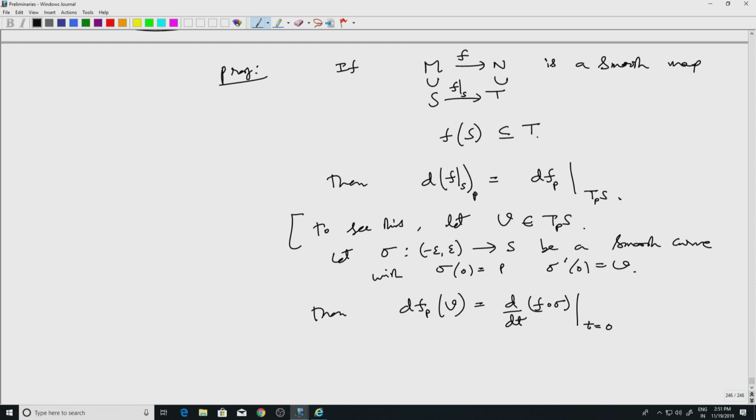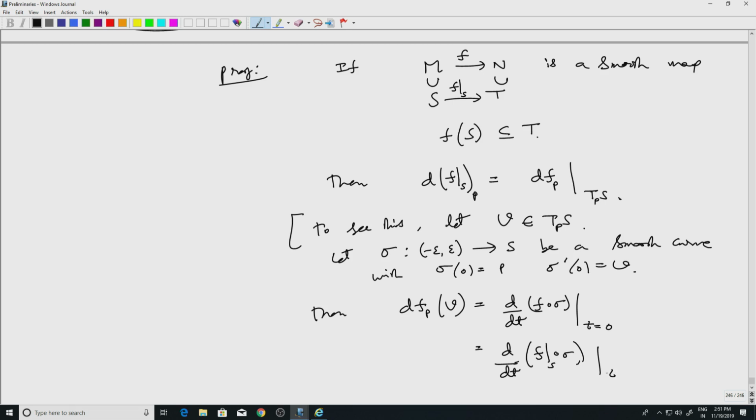But notice that since sigma is a curve lying entirely in S, F composed with sigma is the same thing as F restricted to S composed with sigma.